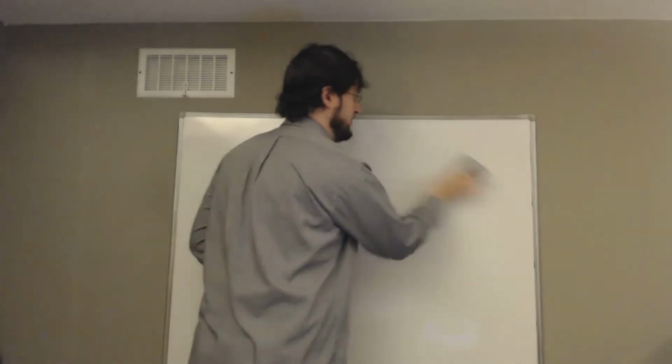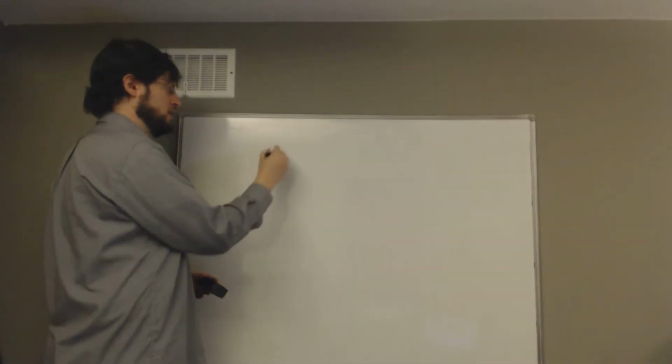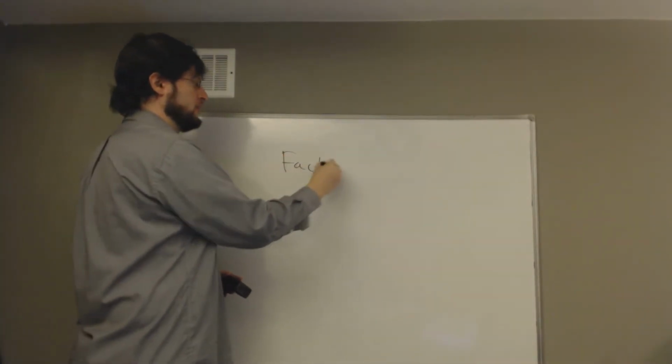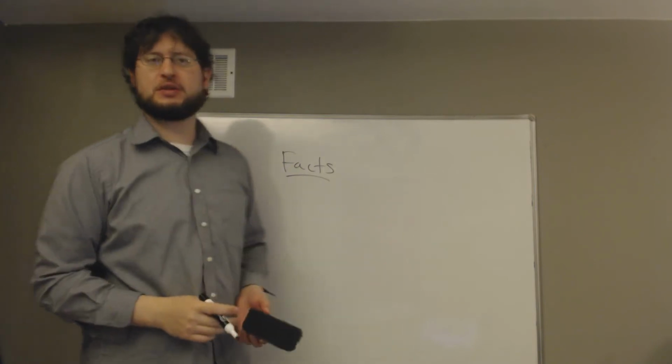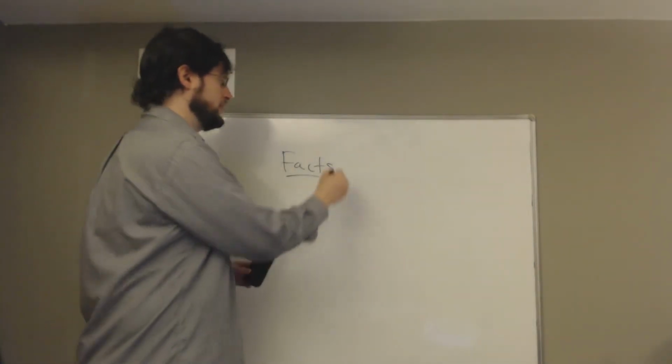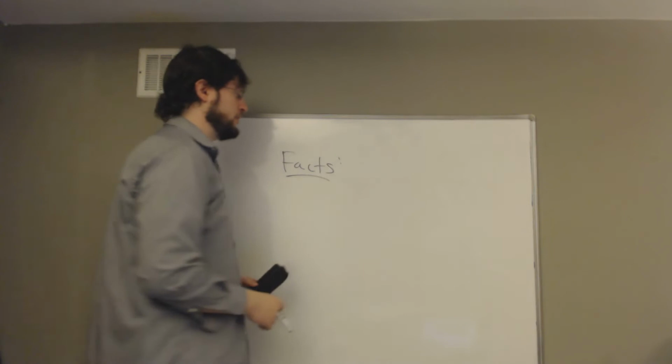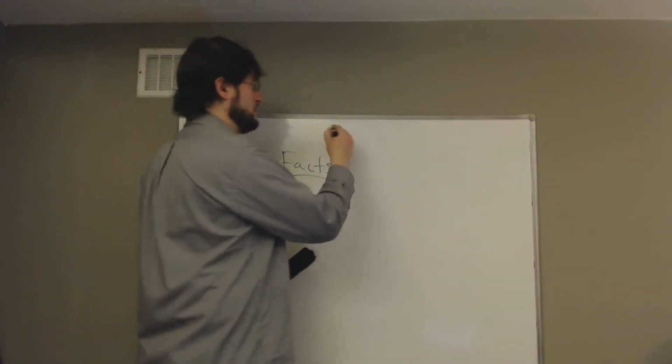Here are the facts about symmetric matrices that make this work. These are theorems in the textbook and in this section that we're not going to worry about proving right here.